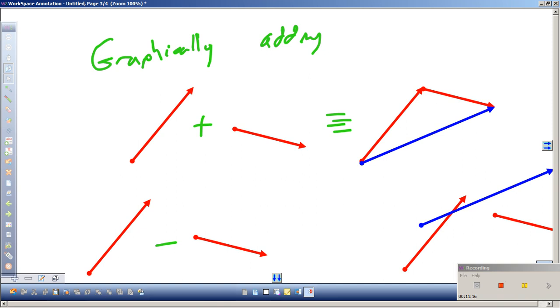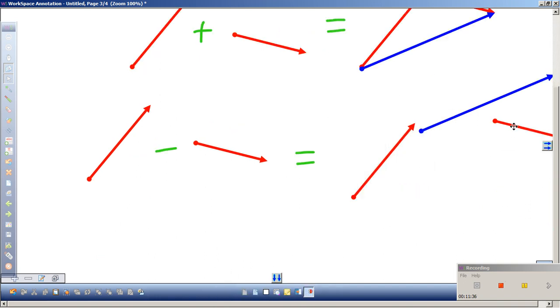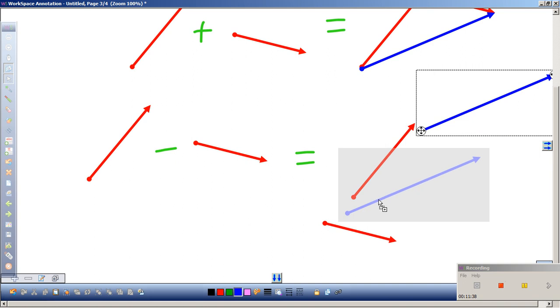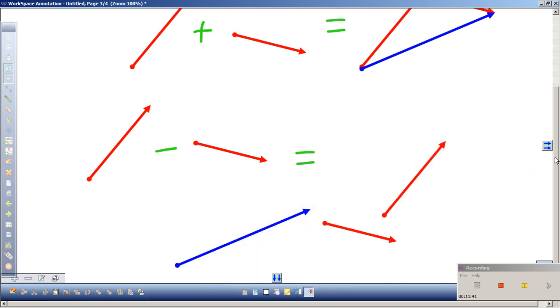What do you think subtraction would give? Any guess? So if we're taking this one minus this one, will the answer be the same? The answer will not be the same.